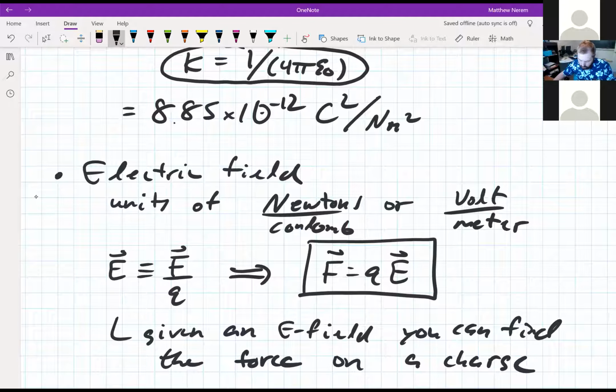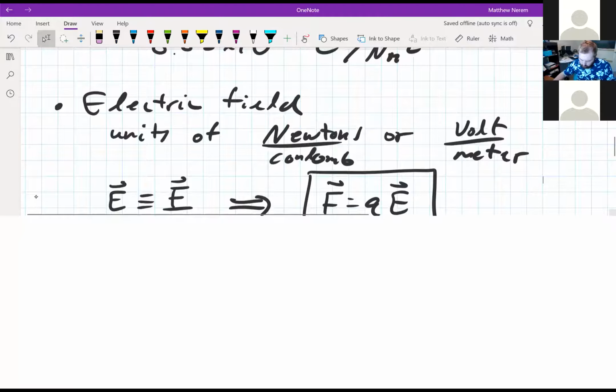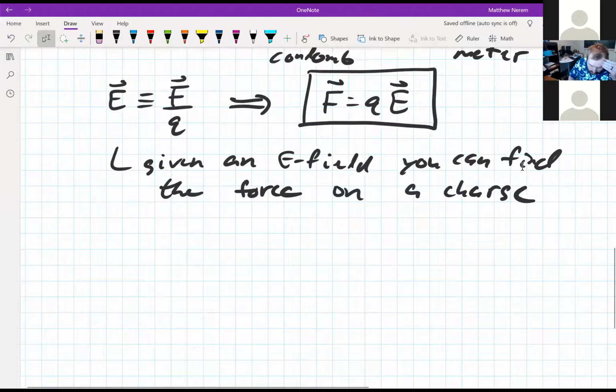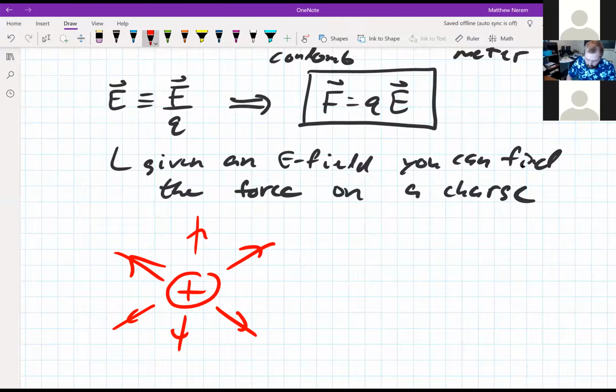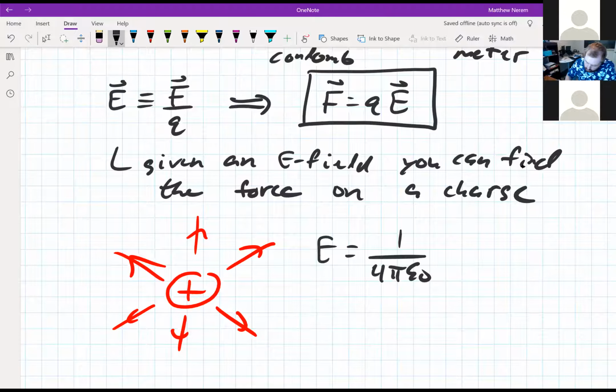Right. And our simplest example, the positive charge, right? A positive charge is going to have electric field lines that go radially outwards. And the electric field of this charge is given as 1 over 4 pi epsilon naught, q over r squared.